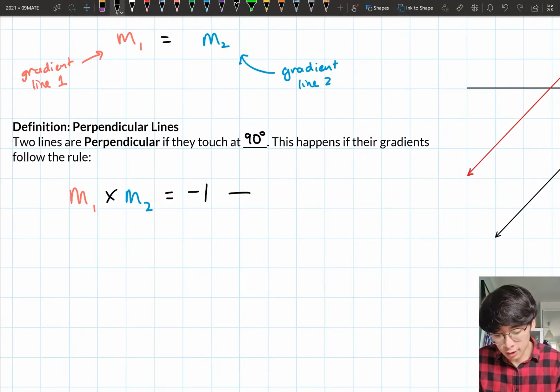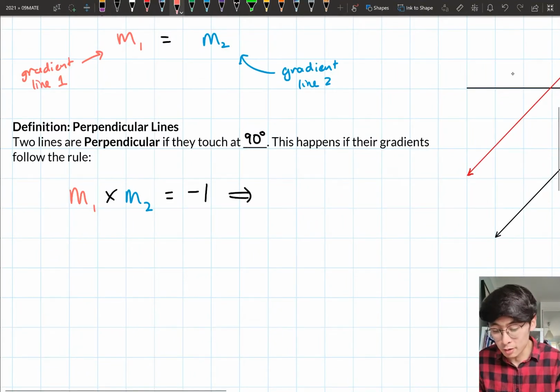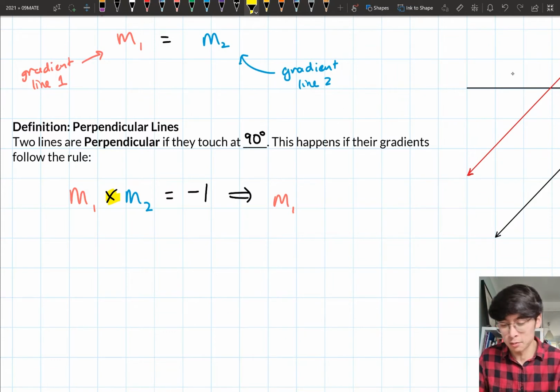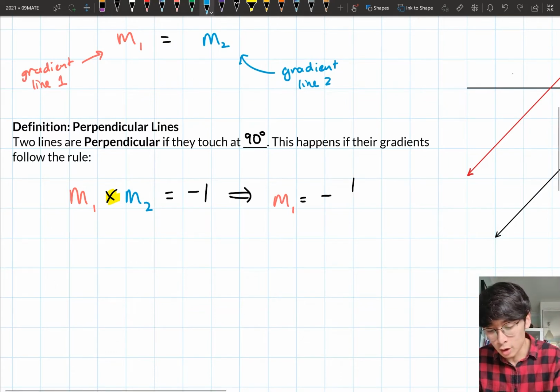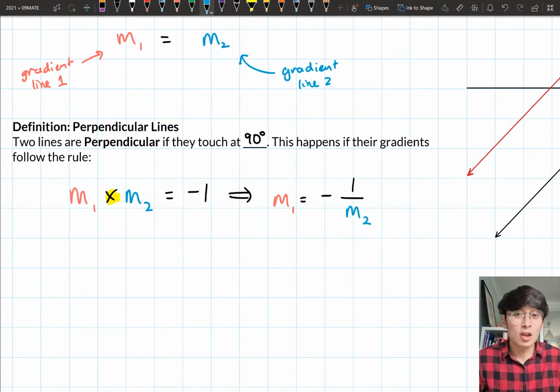I can rearrange this to help me find the gradient of one of these lines. So what we need to notice here, if I rearrange this for M1, notice here we're timesing by M2. So what I need to do is if I want to get rid of that times M2, I need to divide by M2. So here, that will just mean that it's equal to -1 over M2. And so here, what this actually means is this is the negative reciprocal.